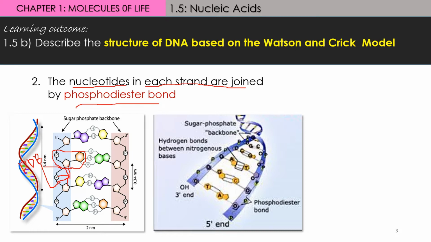Let us plot the phosphodiester bond on another figure of DNA.